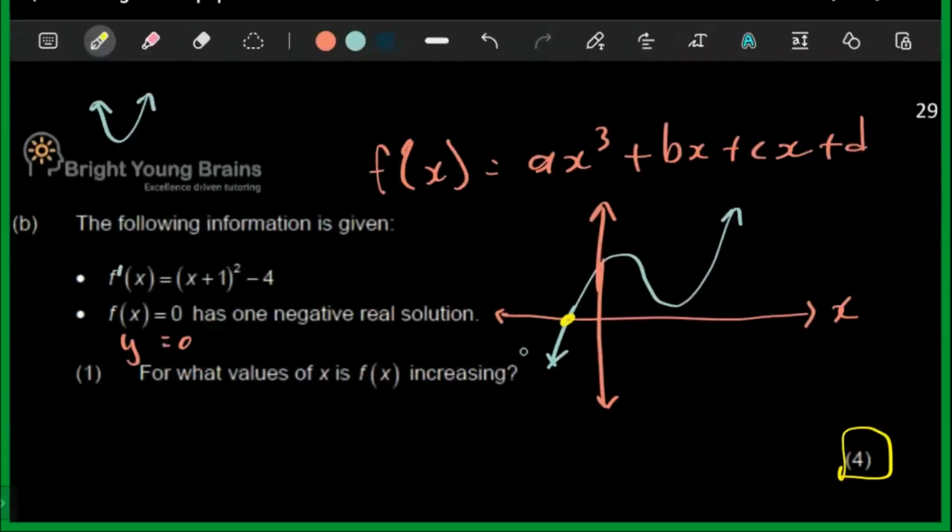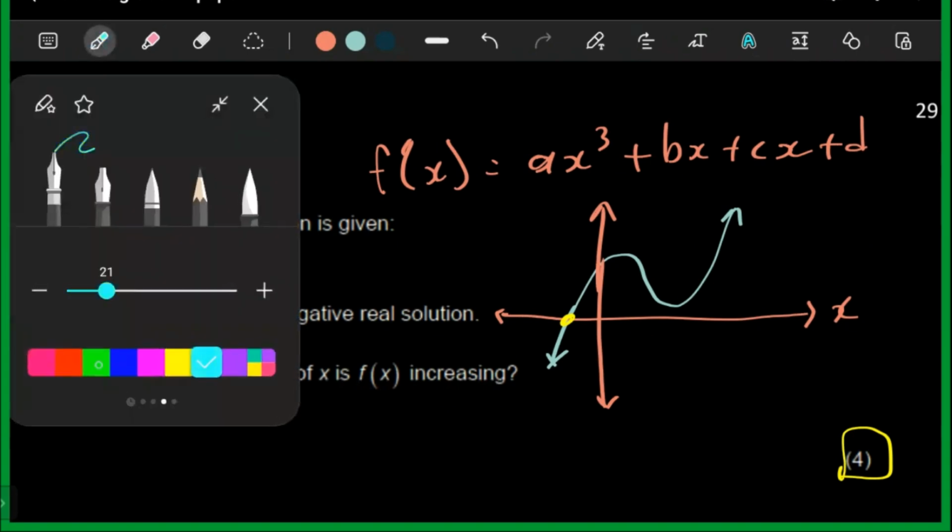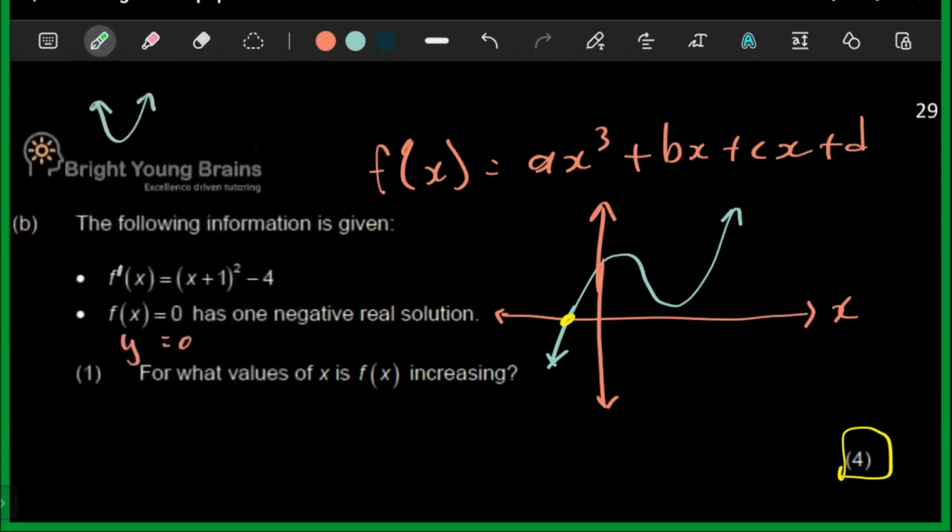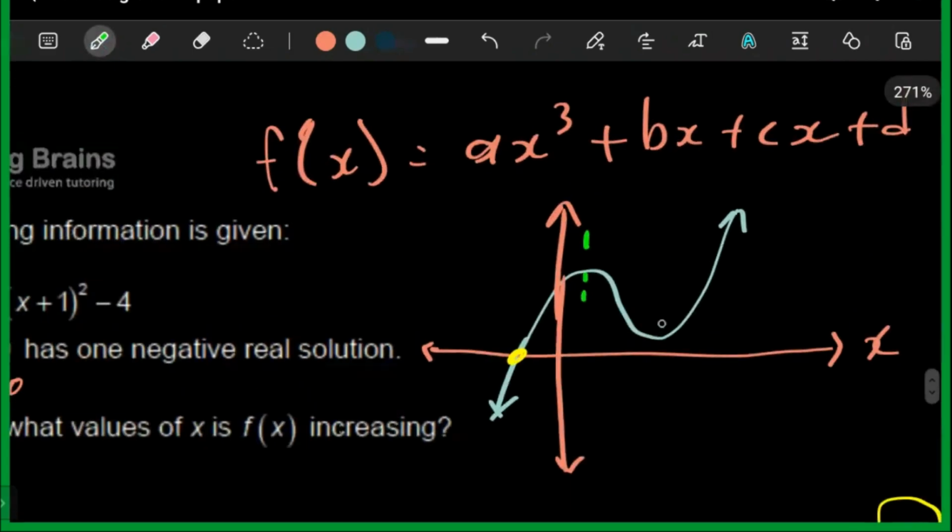But anyways, this is what our rough sketch looks like without a doubt. For 4 marks, it said for what values of x is f of x increasing. Your graph is always increasing where your y values are going up. So the two things you have to look for are the two turning points.